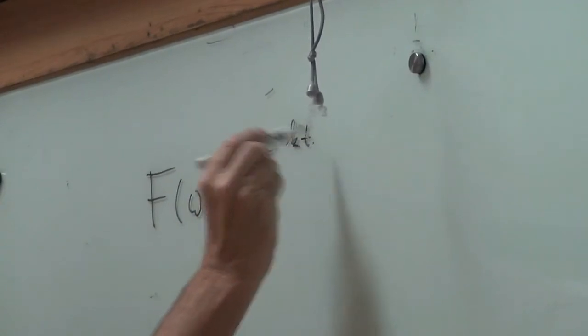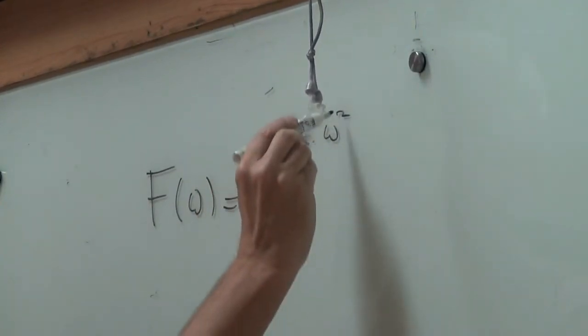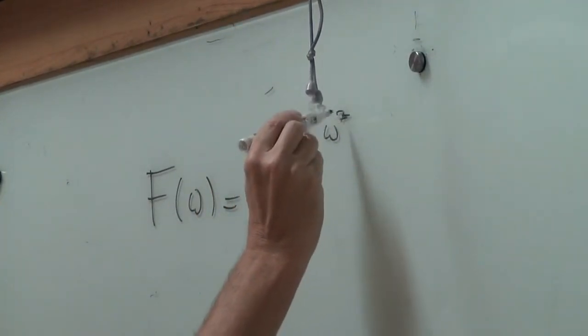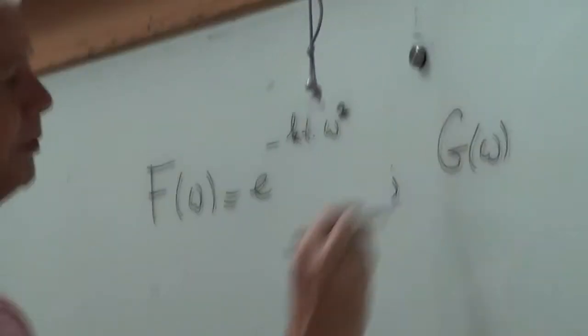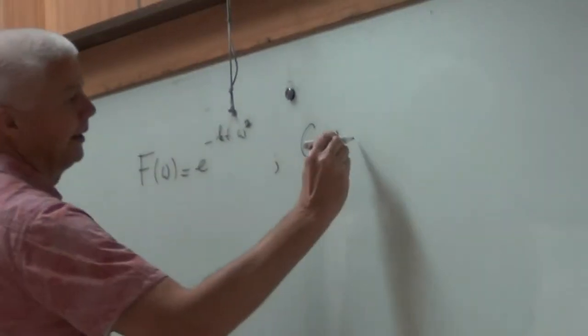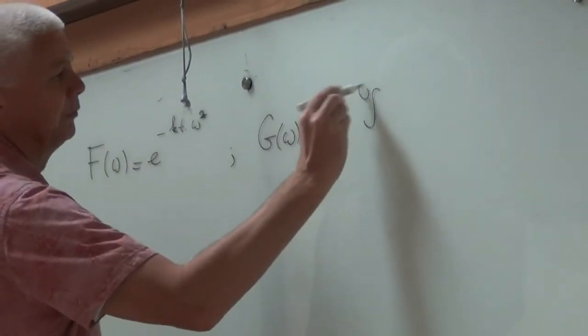So f(omega) is e to the power minus kt omega squared, and g(omega) is just an arbitrary function.